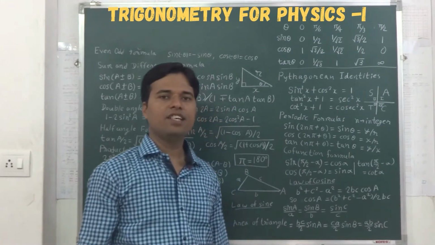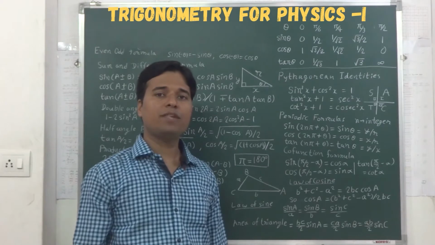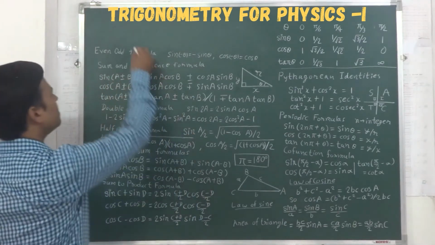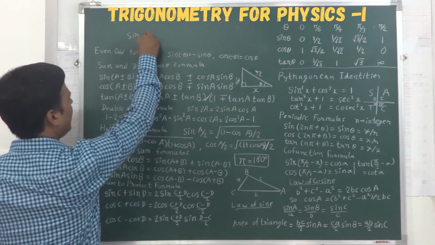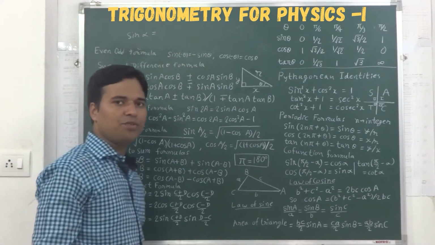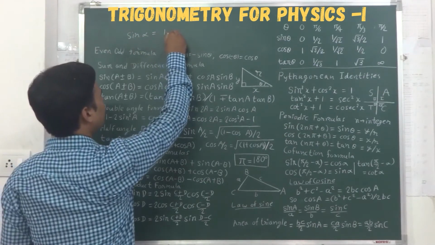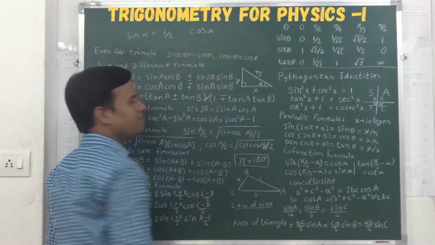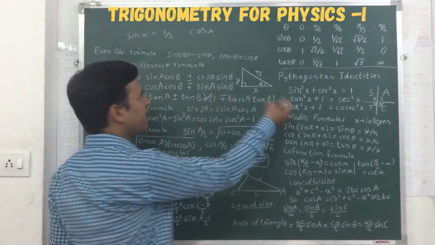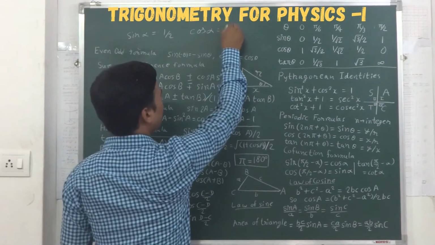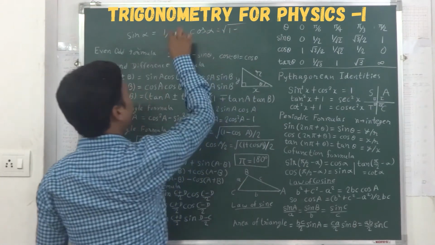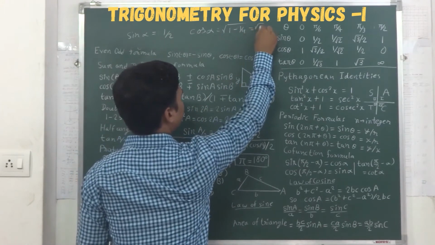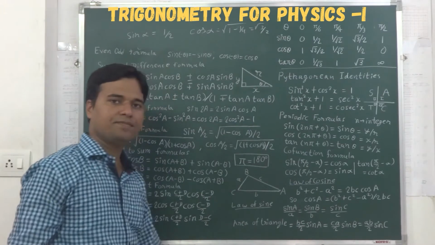But dear students, we may have some other problematic situations where we know the value of sine of alpha is equal to 1 by 2 and cos of alpha is unknown, then you can use this formula, square root of 1 minus k square, that is 1 upon 4, and it is now an unknown quantity.